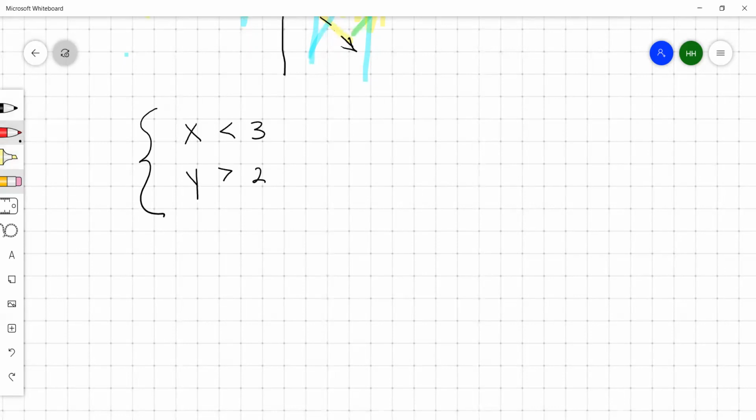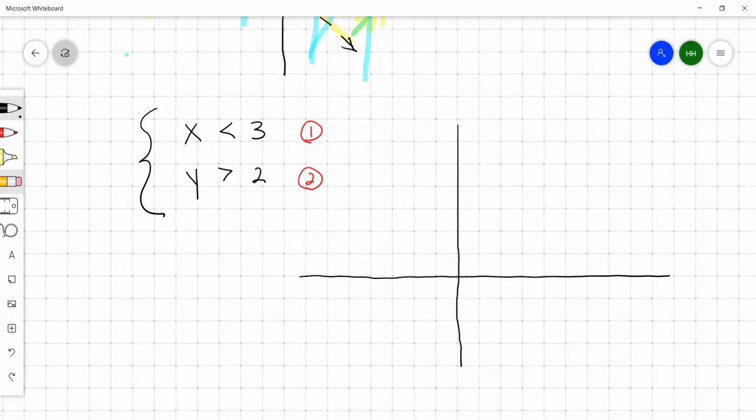I'll number the equations again. Here's equation 1, here's equation number 2. Here's what these graphs look like. First of all, are they dashed lines or solid lines? They're both dashed.